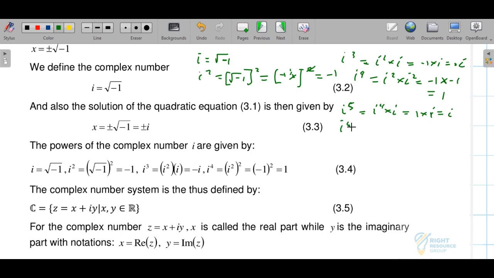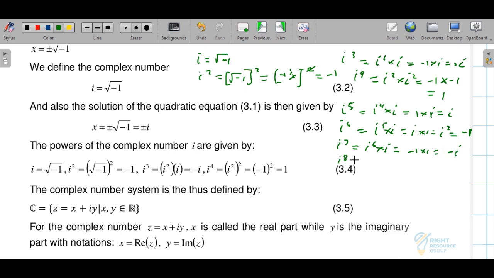And then i to the power of 6 is going to be equal to i to the power of 5 multiplying i, which is i times i, which is i squared, right? And i squared was minus 1, right? So i to the power of 7 is i to the power of 6 multiplying i, which is minus 1 multiplying i, which is minus i.